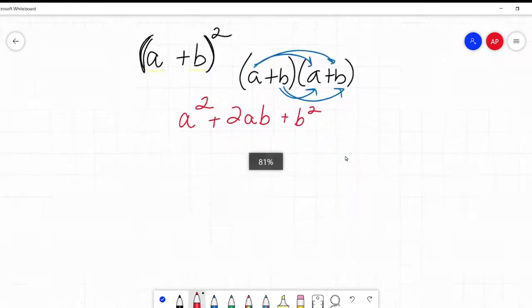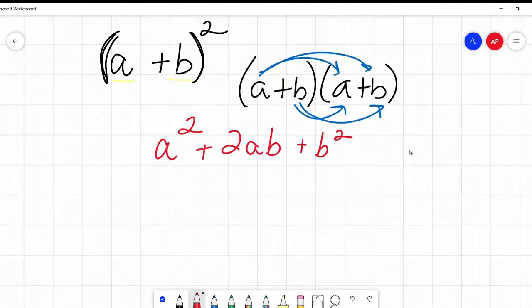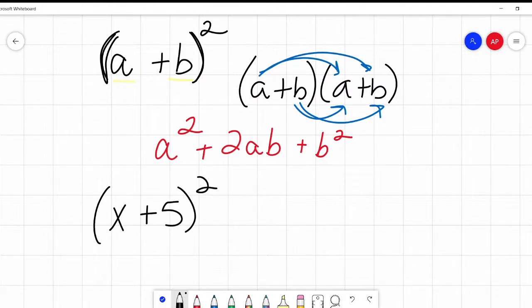Oh, that zoomed out way further than I expected it to. There we go. Okay, so let's try this with something like (x plus 5) squared. According to this pattern, this is my first term, or my a. This is my second term, or my b.